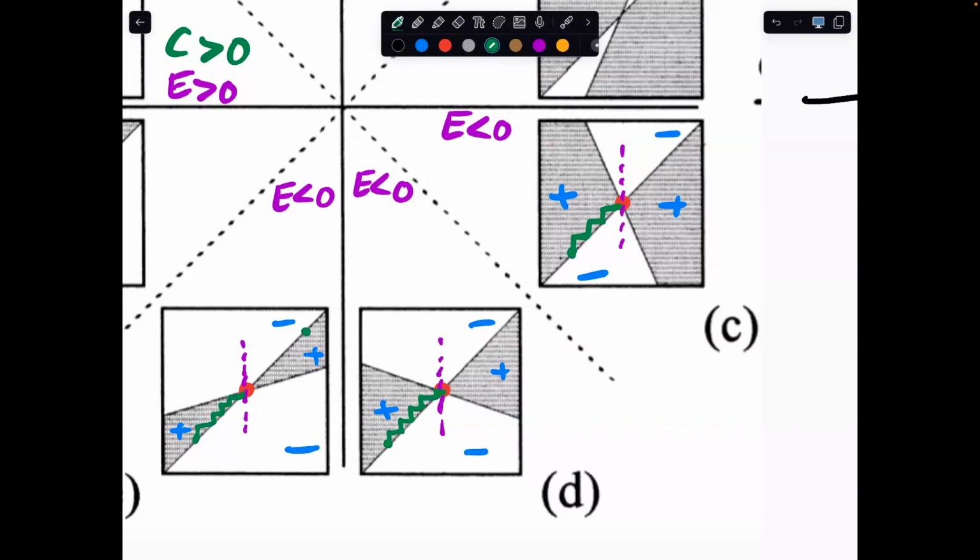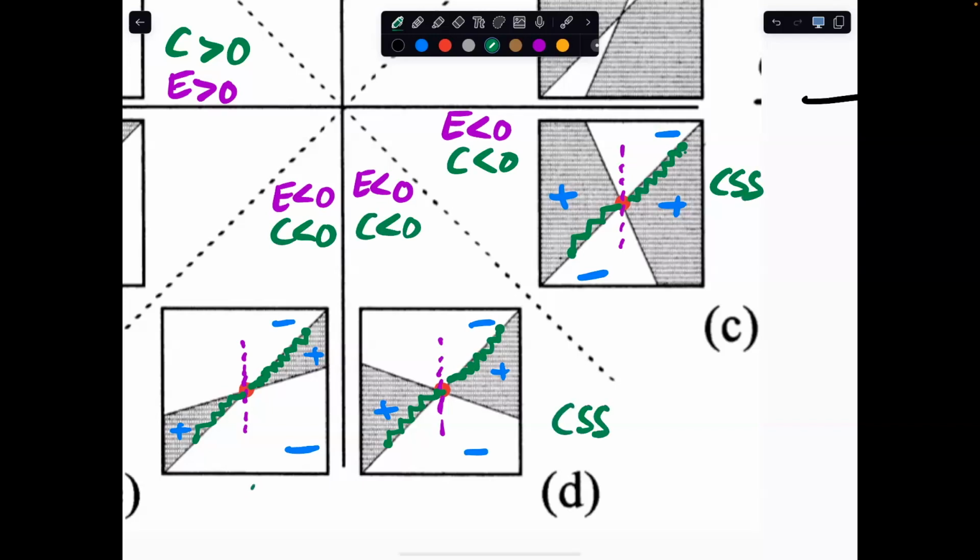Conversely, if we start on the right-hand side of that singular strategy and we mutate lower, we'll staircase from the other direction. So all of these three examples are convergence stable as well. What does that mean they are? The CSS, continuously stable strategy, in all three of these scenarios.